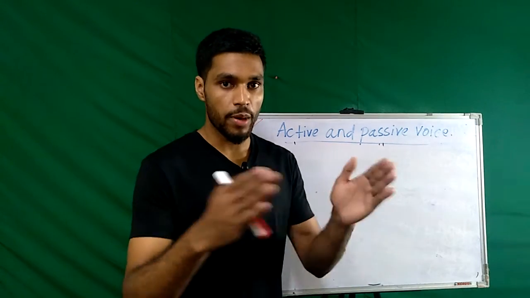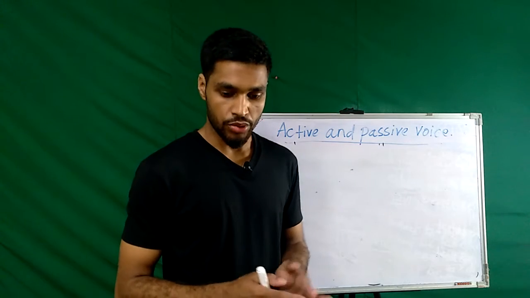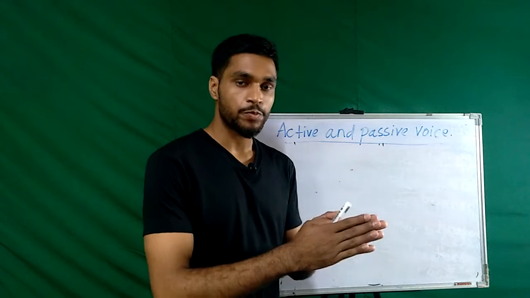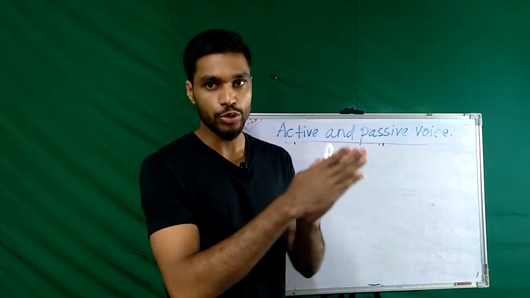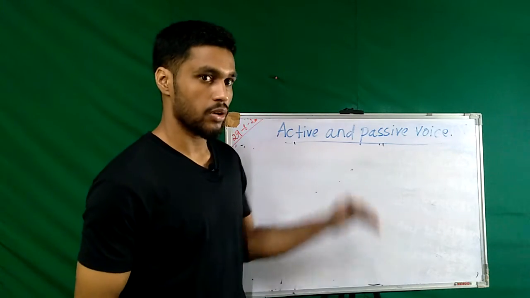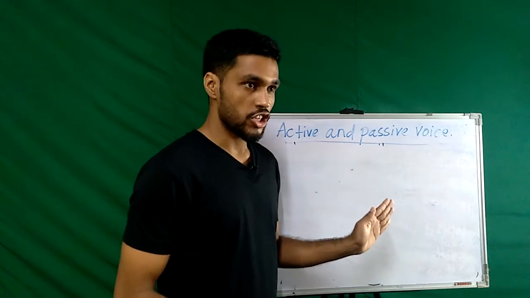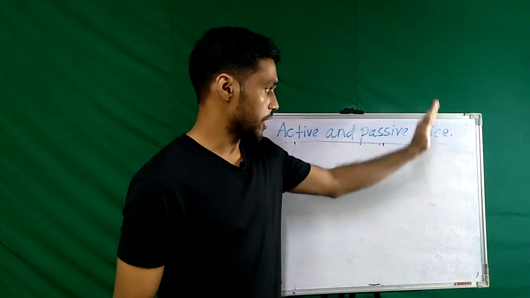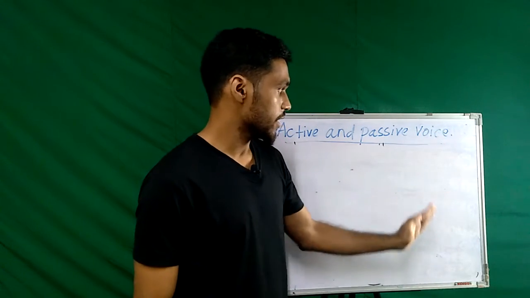Hello friends, we have been learning active and passive voice. We learned how to add the appropriate helping verb while changing active voice into passive voice, across all the tenses, and how the participles, or the third forms of the verb, are added in the passive voice.